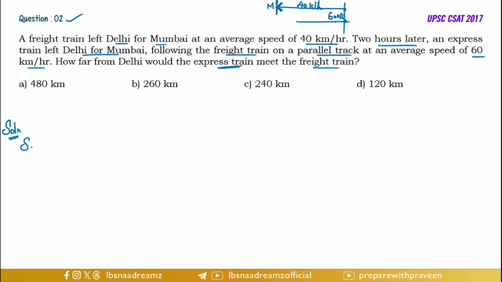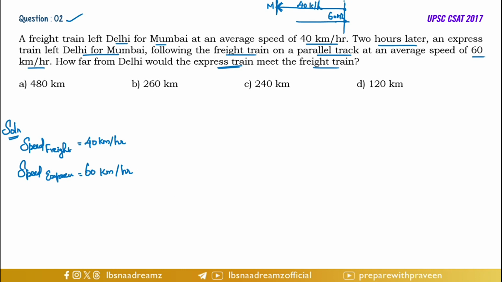Speed of the freight train is equal to 40 km per hour. Speed of the express train is equal to 60 kilometer per hour.